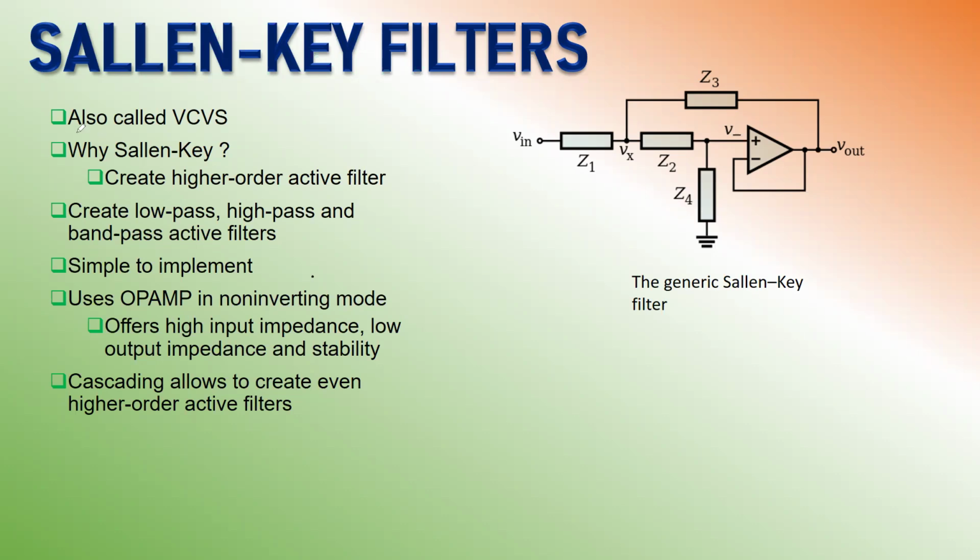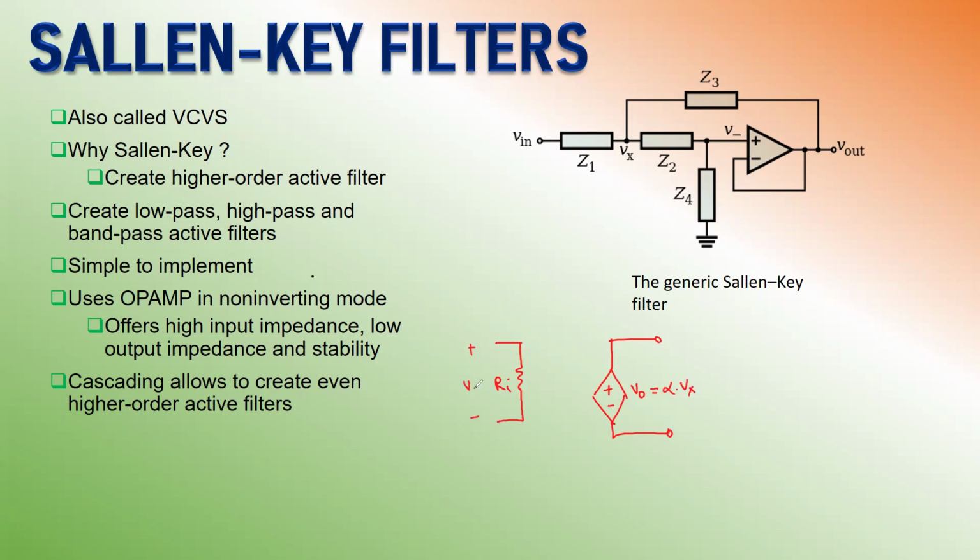The first point that we wish to bring to your attention is that Sallen Key filters are derived from the topology of the voltage controlled voltage source, which is basically VCVS. As we can recall, with the voltage controlled voltage source we have this kind of equivalent model, and we can see that the output voltage of this voltage source is proportional to some parameter multiplied by the input voltage.